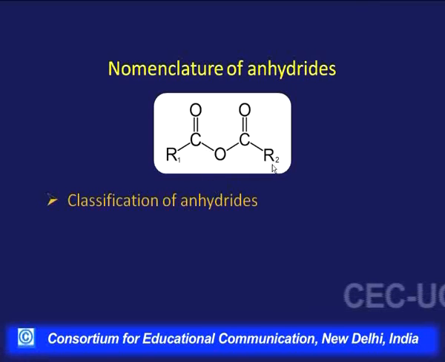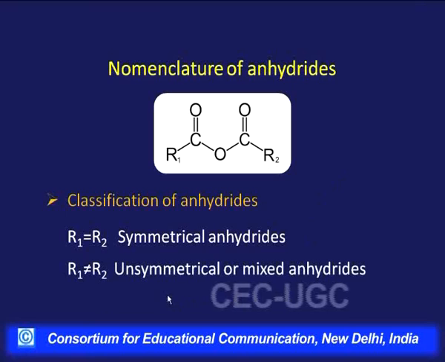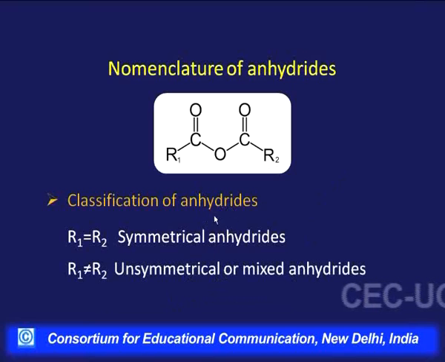If R1 and R2 are identical, the same, it means this anhydride is from the same acid, and such anhydrides are classified as symmetrical anhydrides. If the R1 and R2 groups are different, then we call them unsymmetrical or mixed anhydrides.